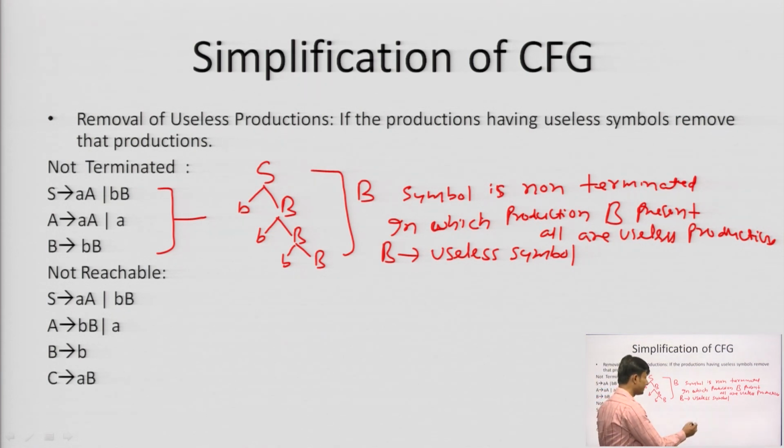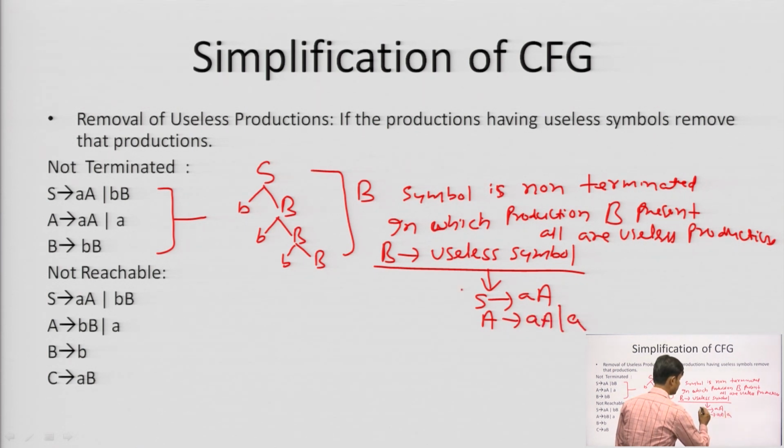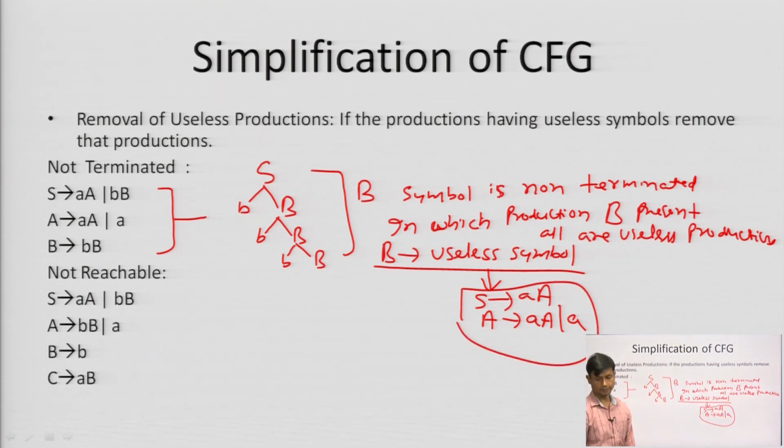So, we will get the result here. What is the result? This grammar will now be S to A and A to A, and this is A. This is the grammar after removing useless productions.